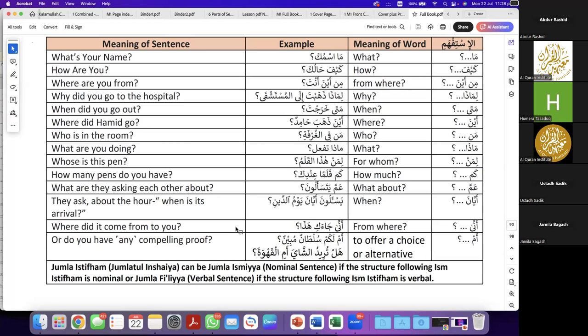Madha would be used for what, but for some event or action. Madha taf'al means, what are you doing? So it means some action is happening and somebody is asking what action that is.